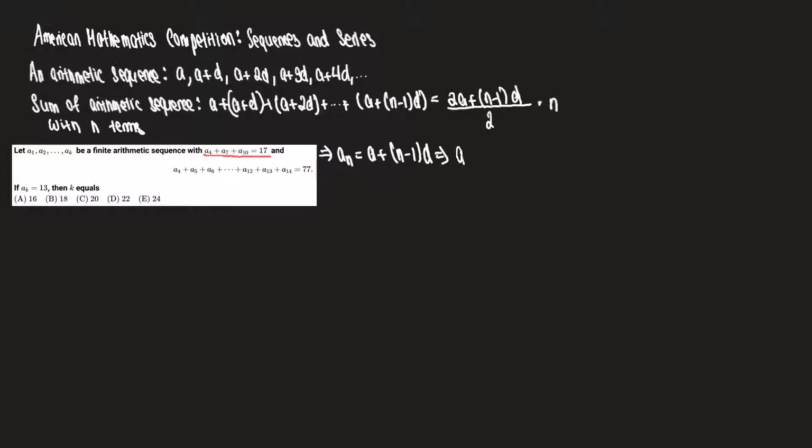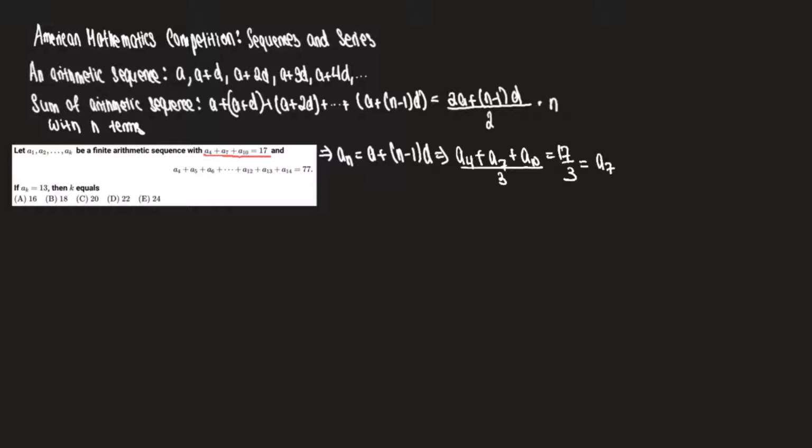So if you do recognize that, then look at this trick. A4 plus A7 plus A10 equals 17. You can divide this by 3 and divide this by 3. If you add 3 different terms and divide by 3, that means you're taking the average. The average is going to be equal to A7.